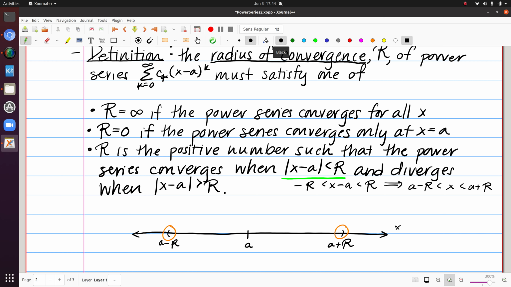And once we get to a point where we might have to check the endpoints of our interval of convergence, then we can't use the ratio test because those are going to be the points at which the ratio test involves a limit of 1 being inconclusive. So all of this will come out in another video when I'm going to go through some specific examples one by one where we really look at finding the radius and the interval for different power series.